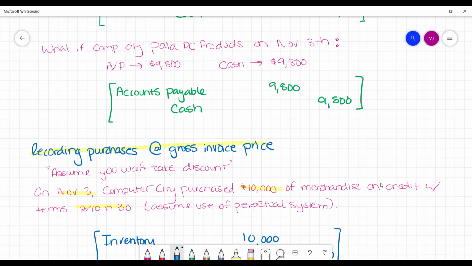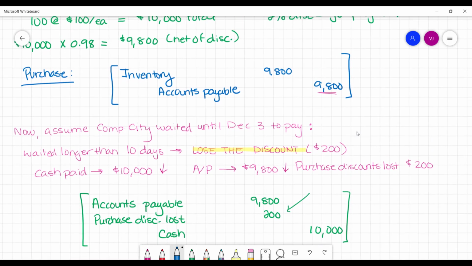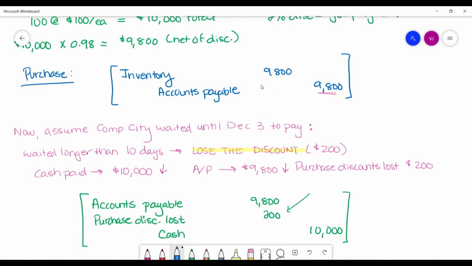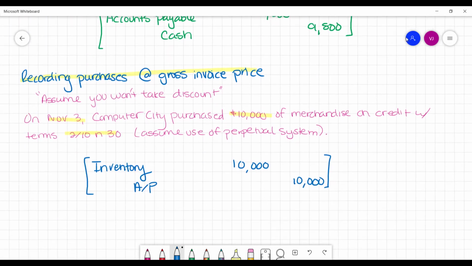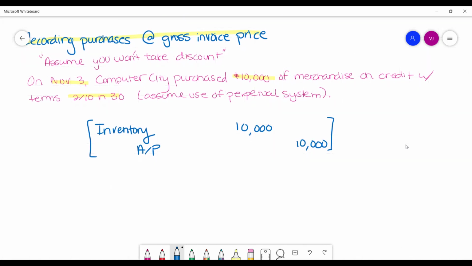How does this differ from that first entry we did? In that first entry, we debited inventory under the net method for the net price, the price minus the discount. But under the gross method, you debit inventory for the full purchase price, the full $10,000.